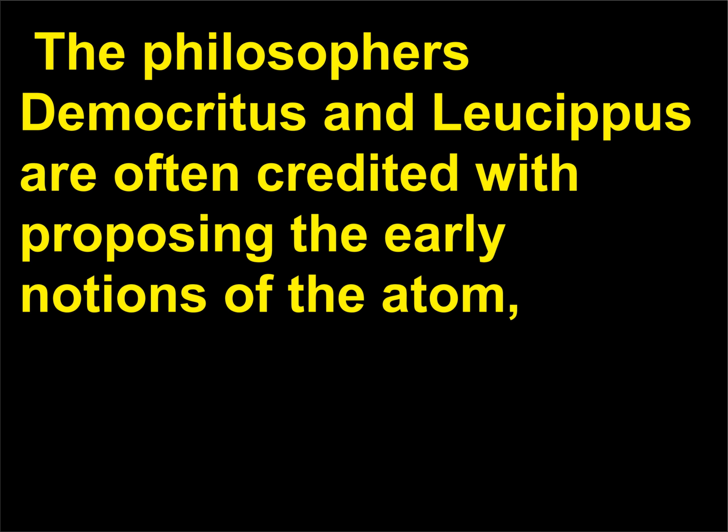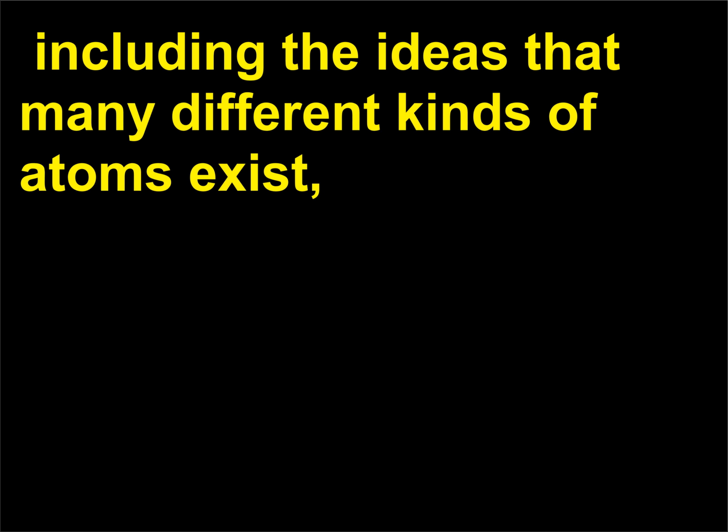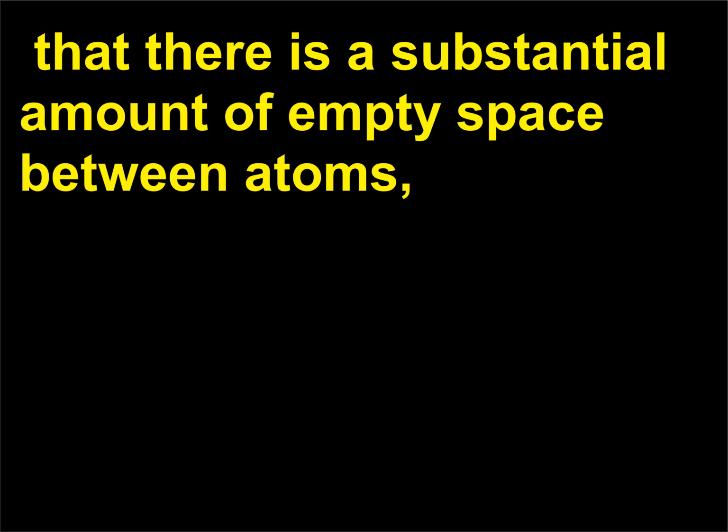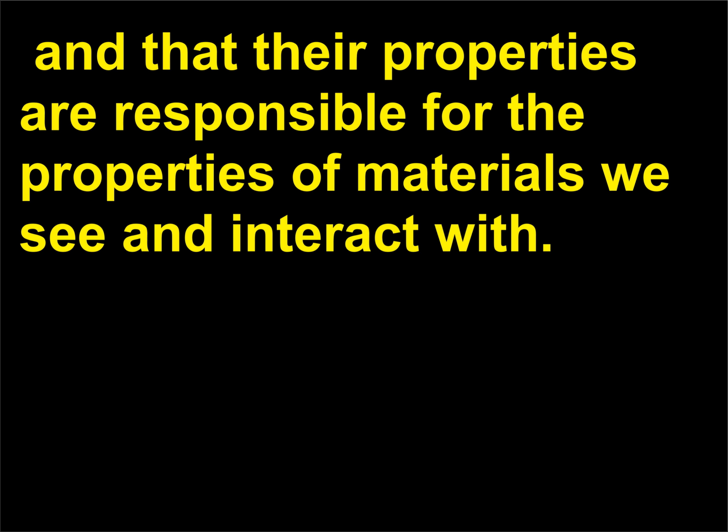The philosophers Democritus and Leucippus are often credited with proposing the early notions of the atom, including the ideas that many different kinds of atoms exist, that there is a substantial amount of empty space between atoms, and that their properties are responsible for the properties of materials we see and interact with.